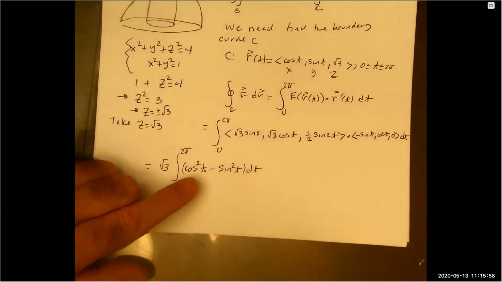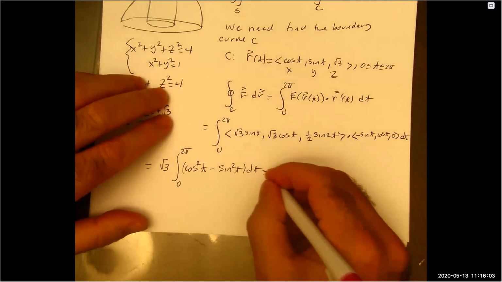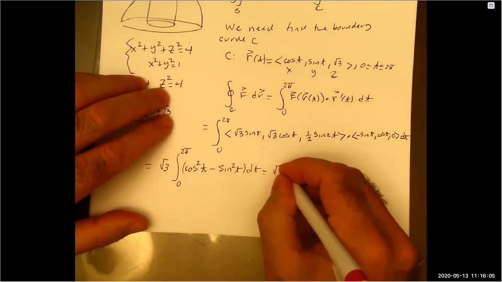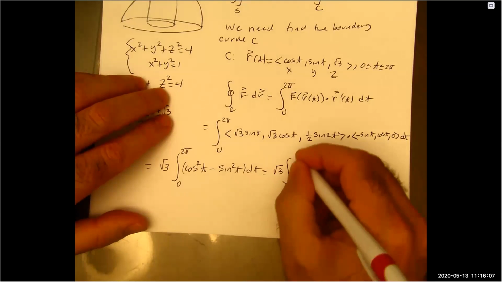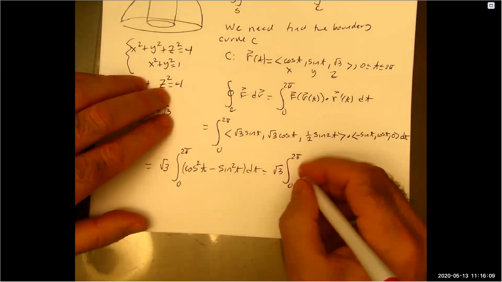And remember that there's a trig identity with this one. So by this trig identity, this is going to be equal to the integral from 0 to 2 pi of root 3 cosine 2t.